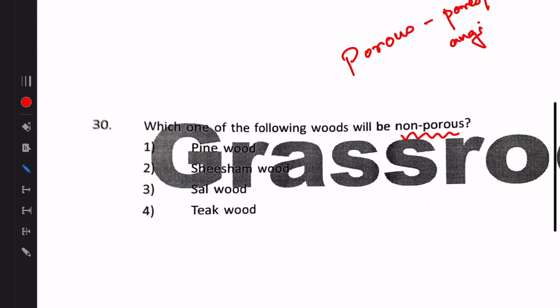The angiosperms. So we can say that angiosperm plants have porous wood, and the non-porous ones will be the ones that don't have pores or vessels, which are the gymnosperms. So the options are pine wood, shisham wood, sal wood, and teak wood.